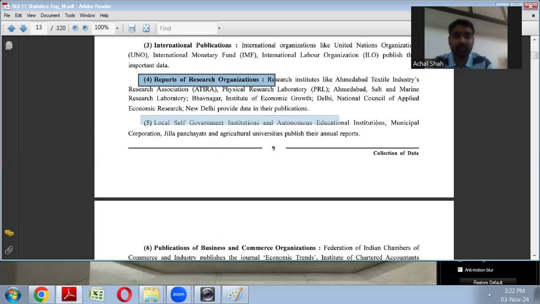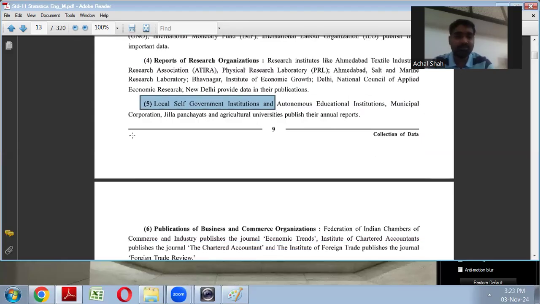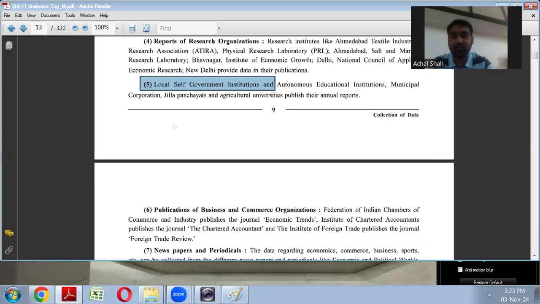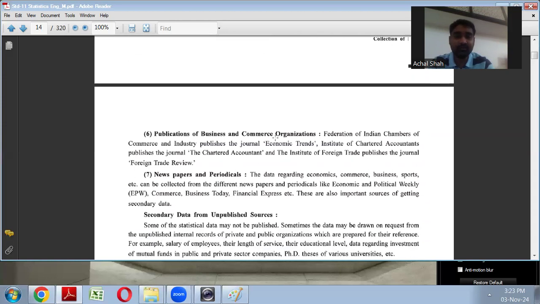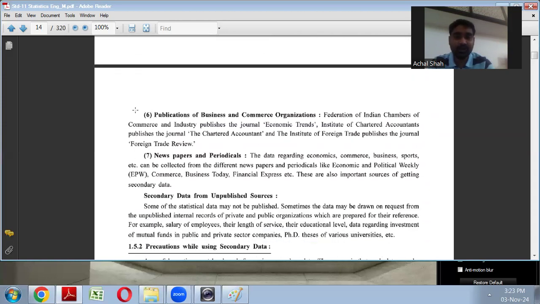Then there could be local self-government institute also, or any autonomous educational institute, municipal corporation records, Jilla Panchayat records, right? They publish their annual reports. So from that also you can use secondary data.